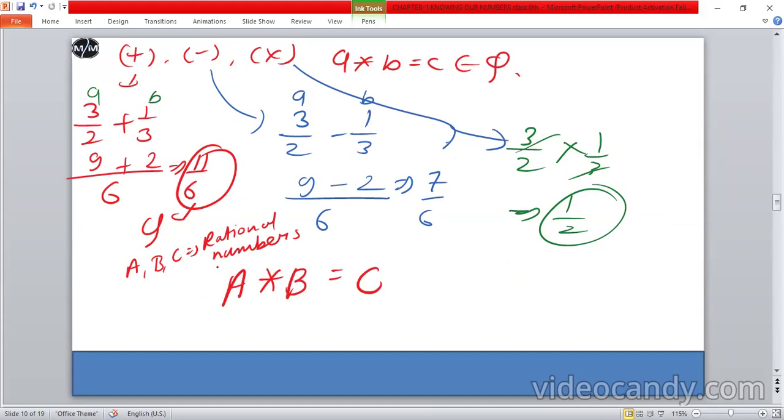All of three are rational numbers. This is the closure property.